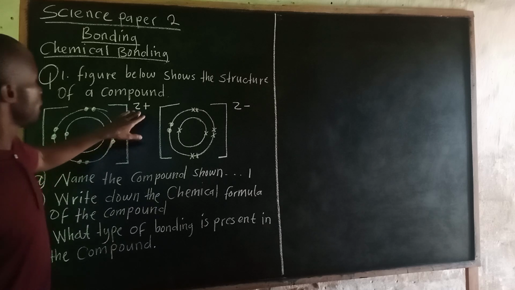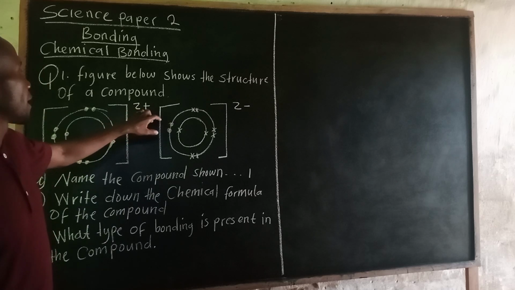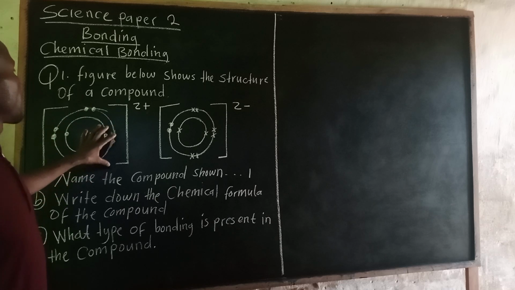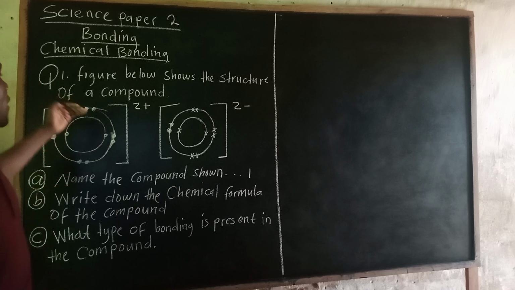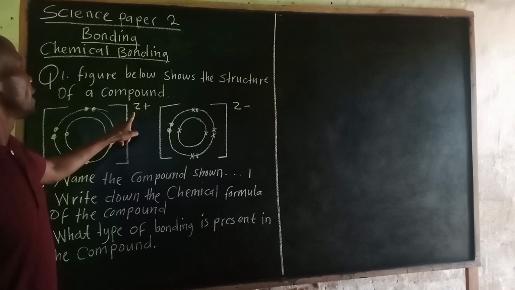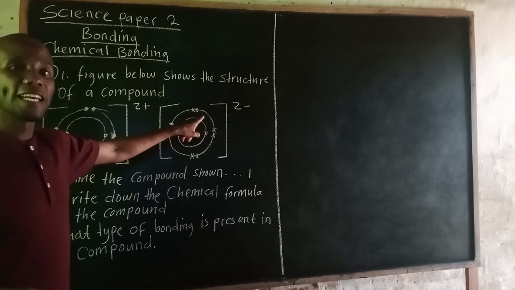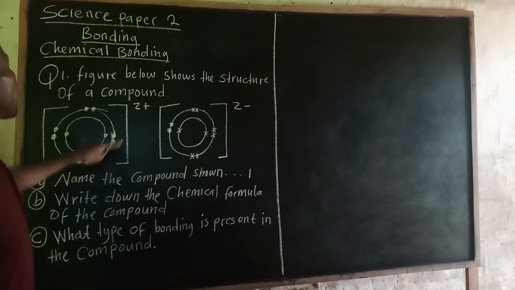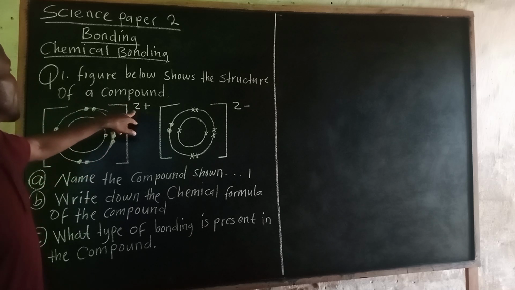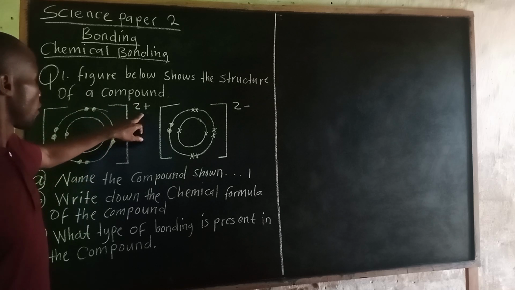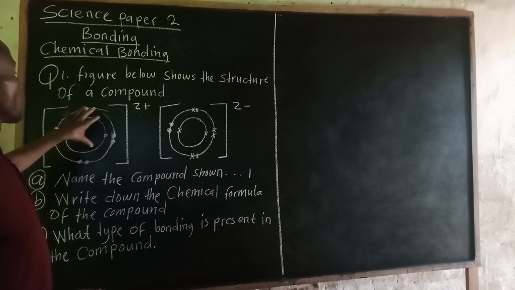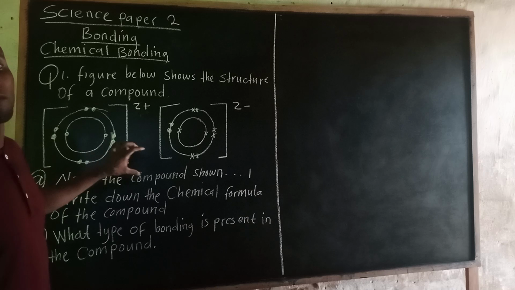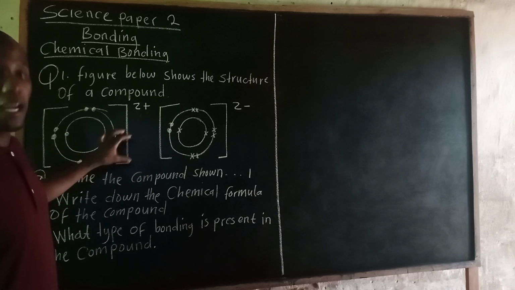Now, when you look at the 2 and the positive, this shows that this particular element has transferred 2 electrons to the next element. So in its outermost shell, it had how many electrons? 2. These 2 electrons had to be transferred so that this particular element can be stable. They were trying to react here.